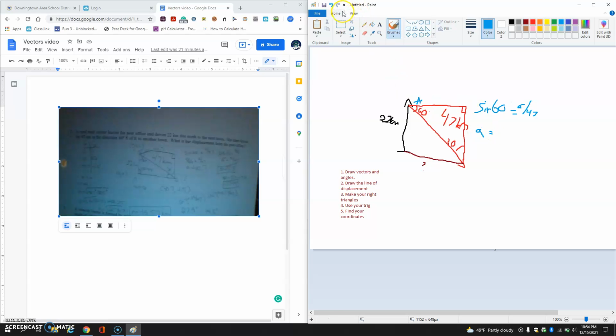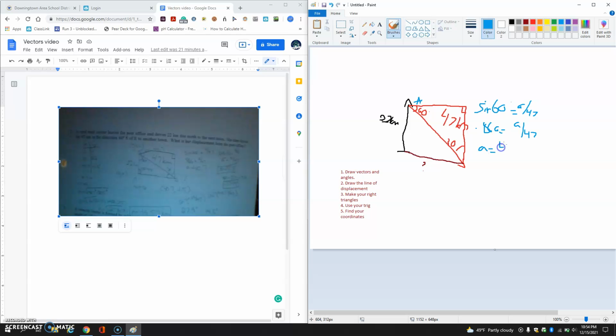So it ends up being 0.866 equals A over 47. Yeah, there's definitely going to have to be a part 2. Sorry about that handwriting.